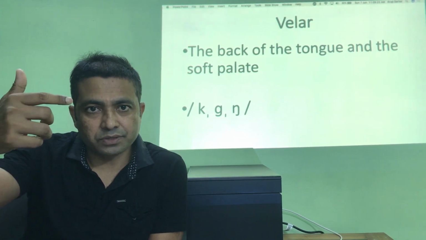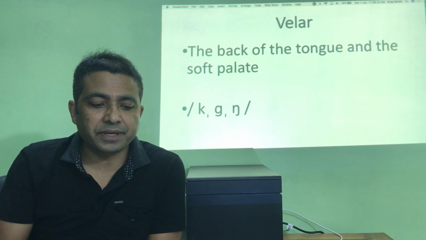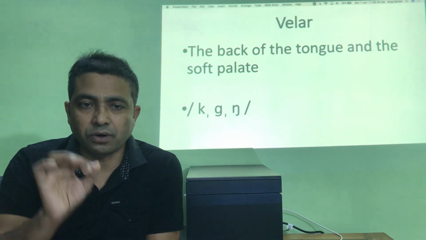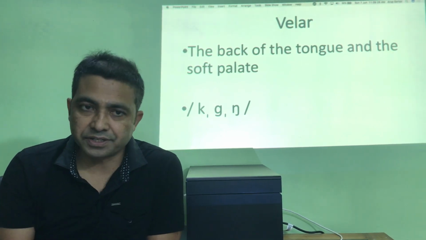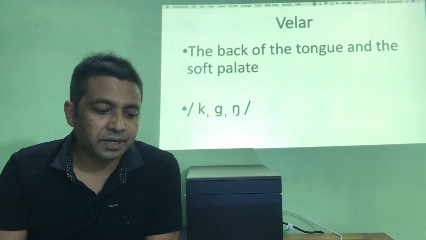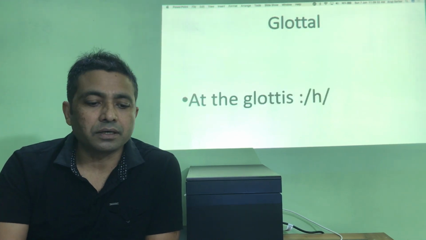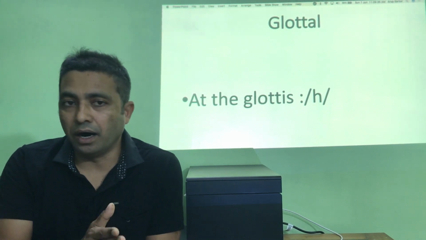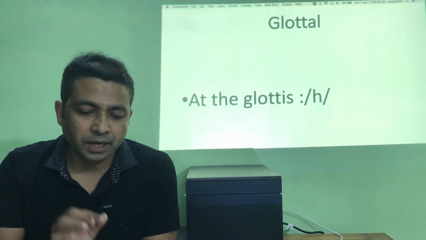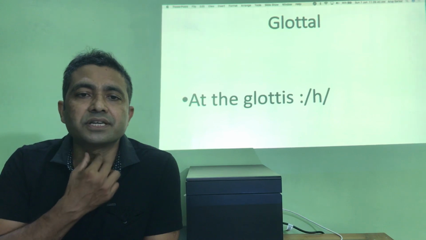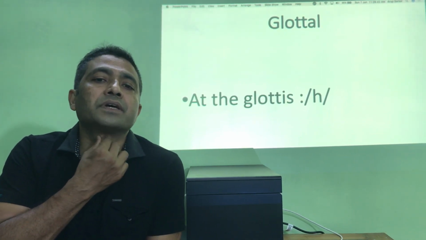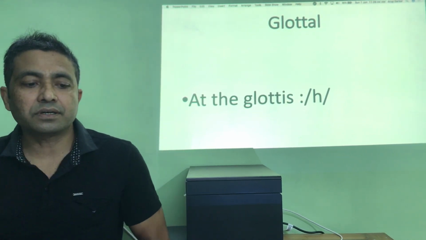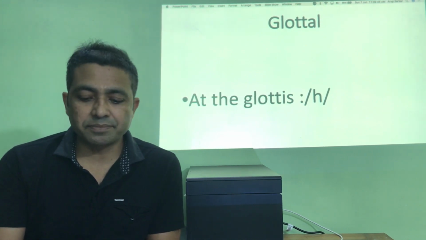That's why these sounds are called velar: ka, ga, nga. Then we have glottal. Ha is a glottal sound, entirely pronounced in the glottis. So it is named glottal.